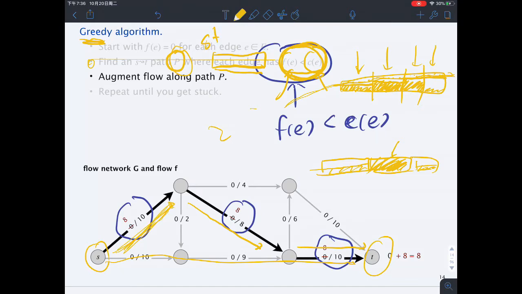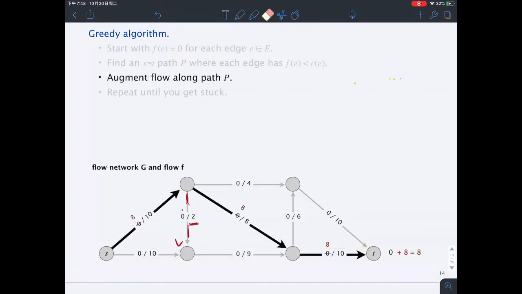So now for this case, it becomes obvious that we cannot use this bolded path to push through more flow, and then we are going to look for a second path, right?